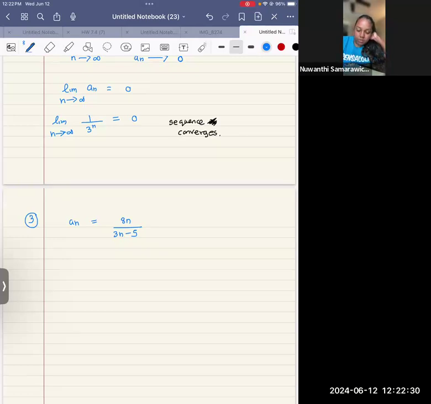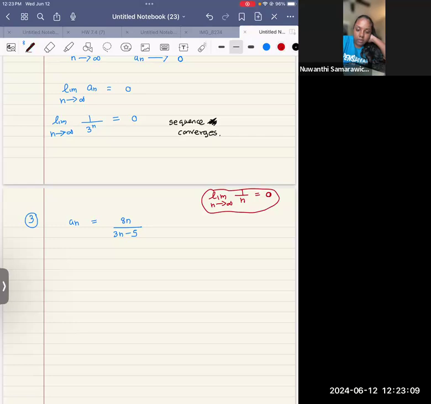Okay, so let's see how to do this. Whenever you have something like this, the technique that you can use is this. You already know that we learned when n goes to infinity, 1 over n is 0, right? So we can use this technique to solve this problem.